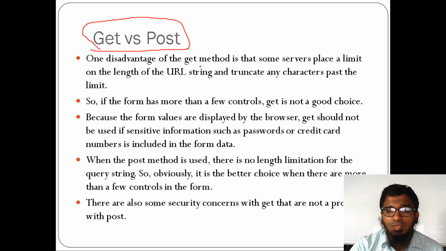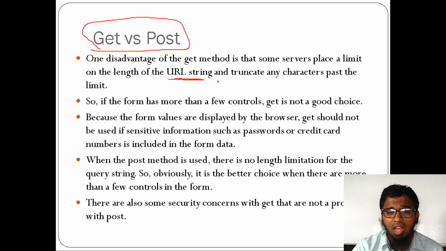One disadvantage of the get method is that some servers place a limit on the length of the URL. What is URL? Uniform resource locator. So they will set a limit on the length of the string and truncate any character past the limit.